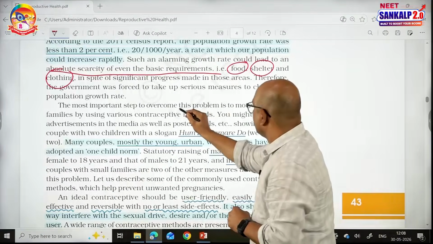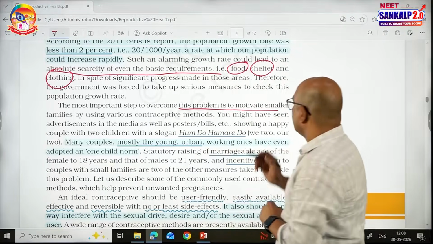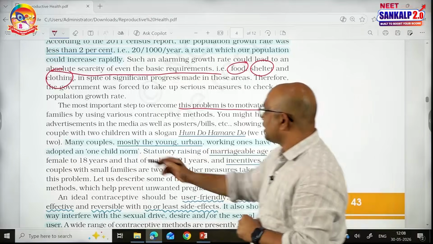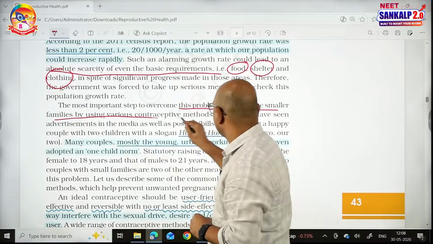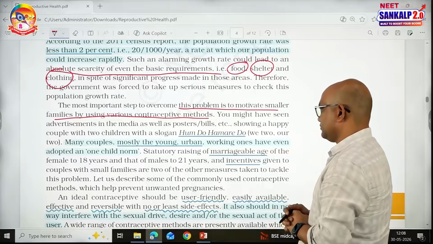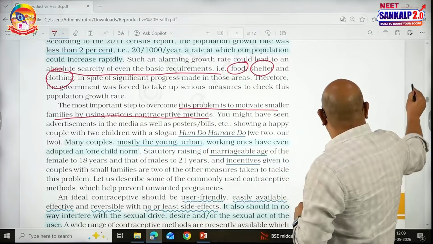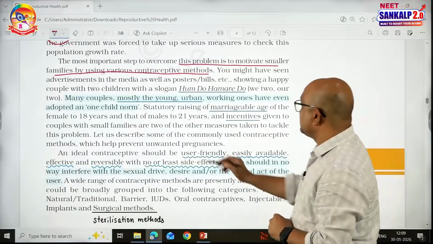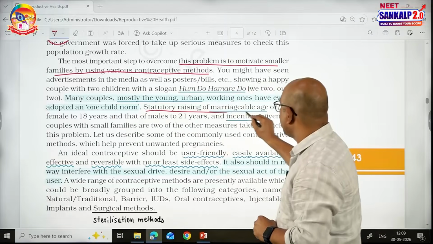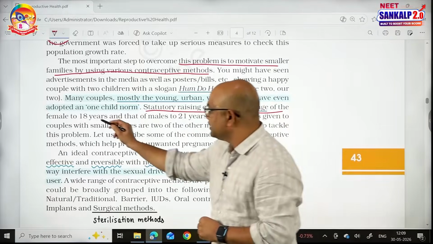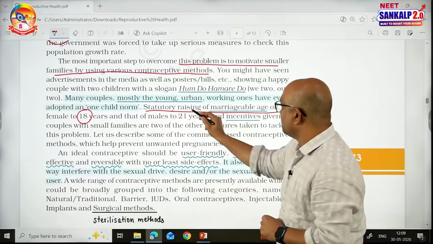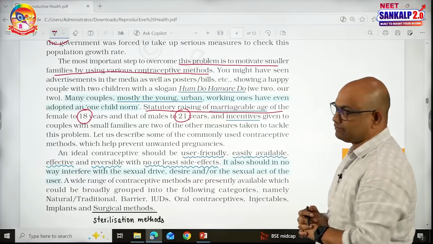To deal with this problem, they have to motivate smaller families by using various contraceptive methods. One more measure taken by the government is the statutory raising of the marriageable age of females to 18 years and males to 21 years.